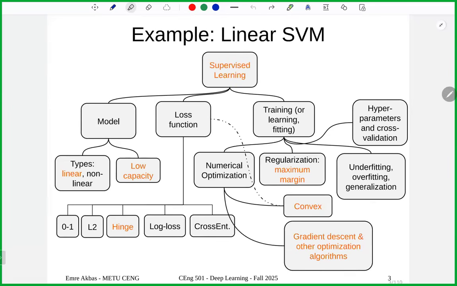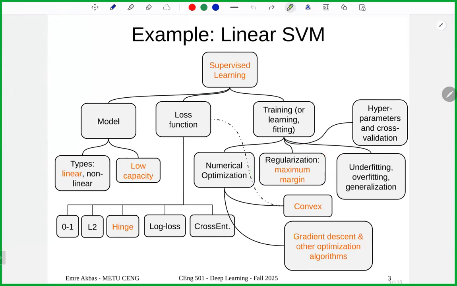So as an example, let's remember linear support vector machine. It is a supervised learning algorithm. It is a linear model. So in terms of model type, it's a linear model. And we can call it a low capacity model because in neural network terminology, it only has one layer, right? It doesn't have depth. As a regularizer, it is using the maximum margin idea.